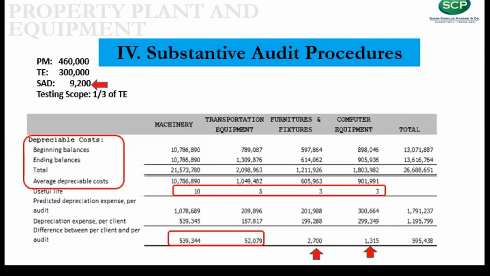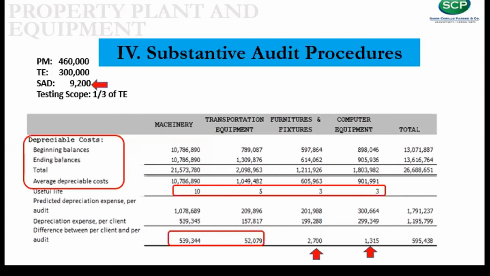The variance for machinery amounted to 539,344 pesos, while the variance for the transportation equipment amounted to 52,079 pesos. Both of these variances are above our SAD threshold of 9,200 pesos. Hence, we need to investigate the nature of the variances.